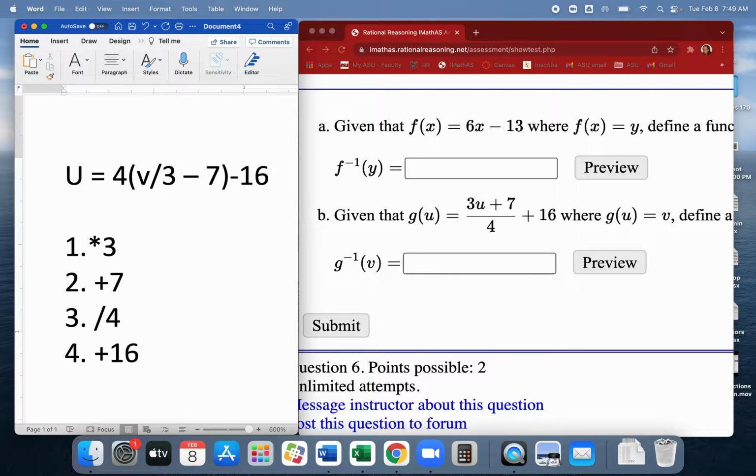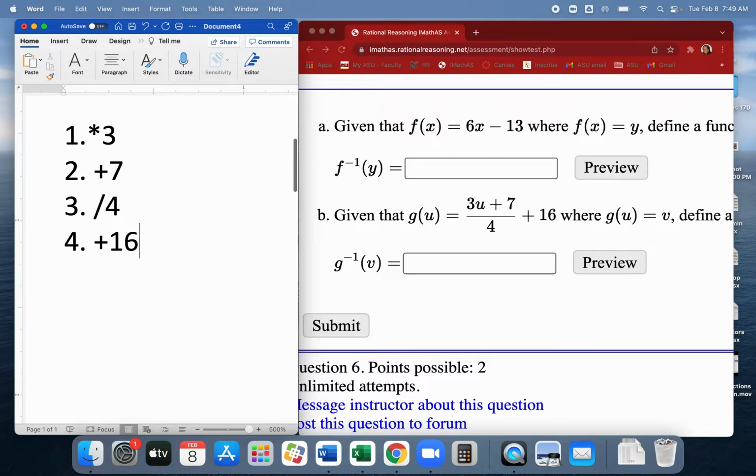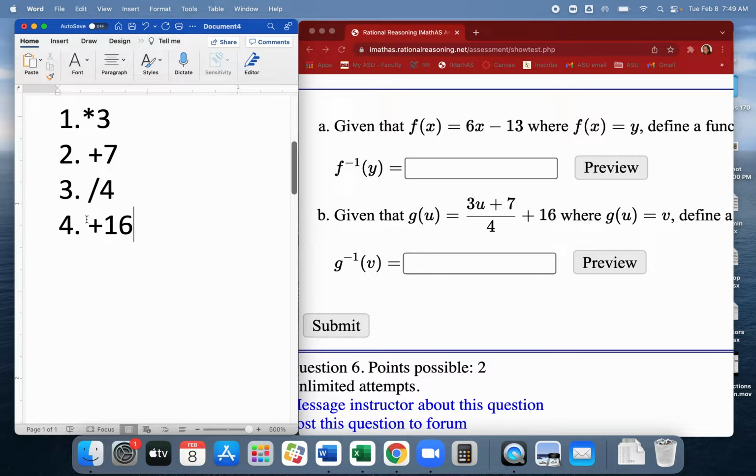If you want to reverse those directly, start at the bottom and work your way up. So I start with my v, and then subtract 16 first, and then divide by 4, or multiply by 4.